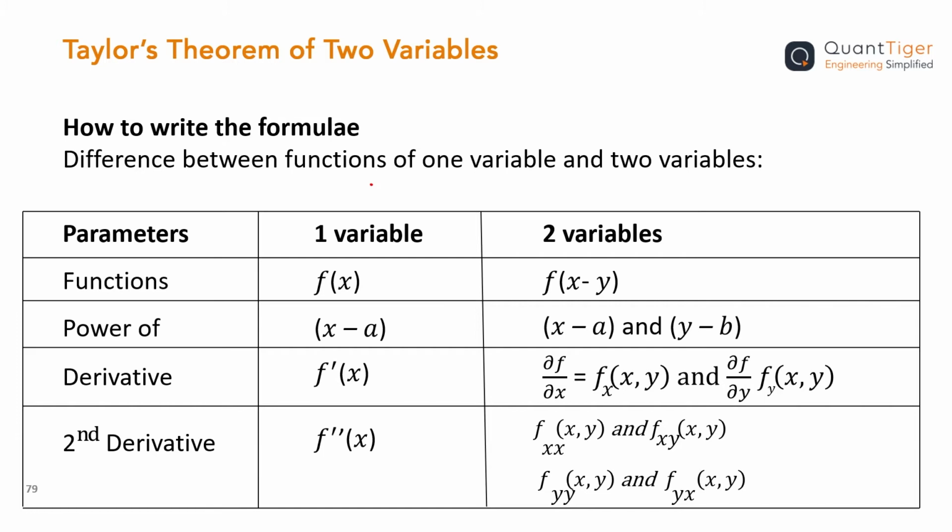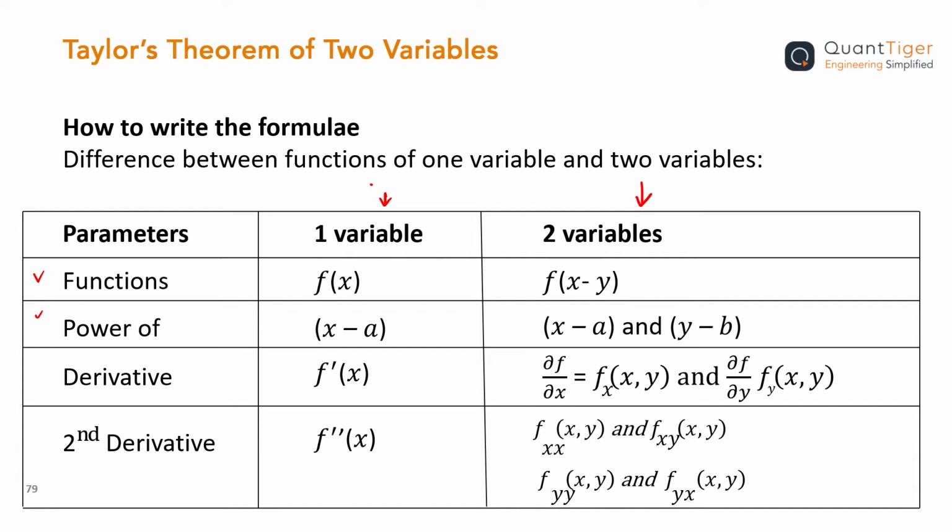In the first column I have put the parameters we see in the one variable theorem, and how these parameters change when we apply Taylor's theorem for two variables. In this first column I have listed all the parameters we will be focusing on, and how they differ from one to the other.